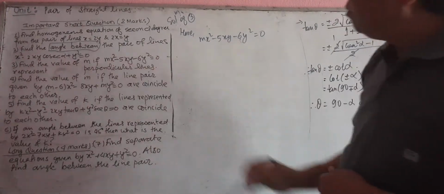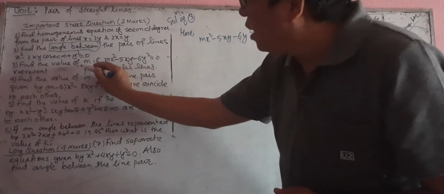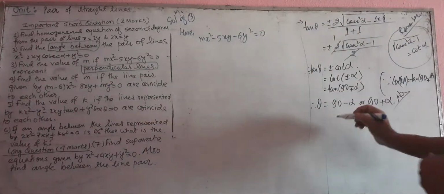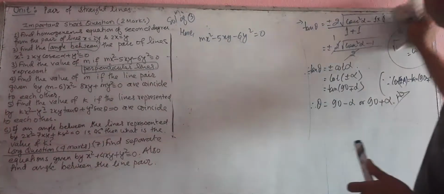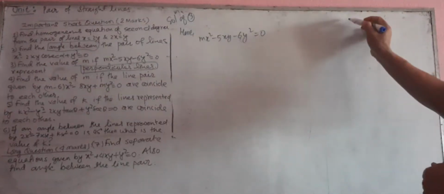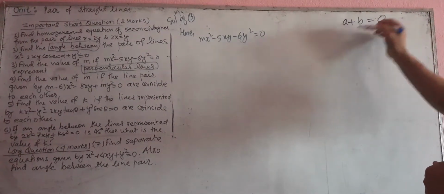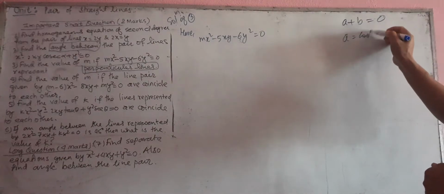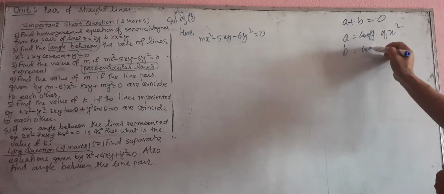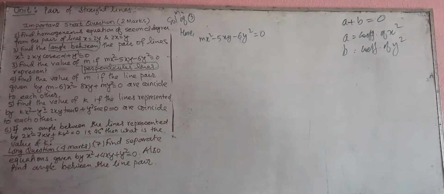So the line pair are perpendicular. What is the perpendicular condition? The condition of perpendicular of the line pair is a plus b equal to 0. What is a? a is the coefficient of x square. What is b? b is the coefficient of y square.